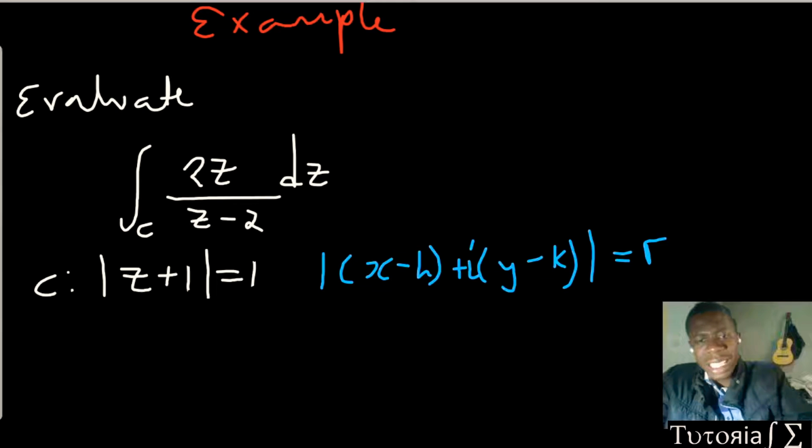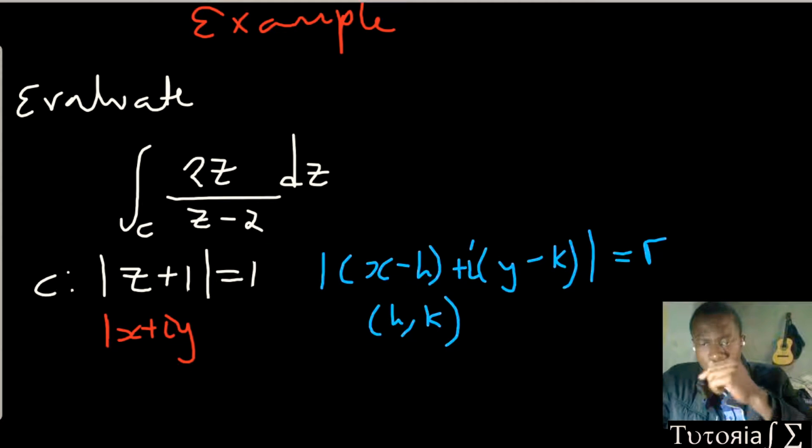So we can write this in this form, where the center is h comma k, and this is our radius.